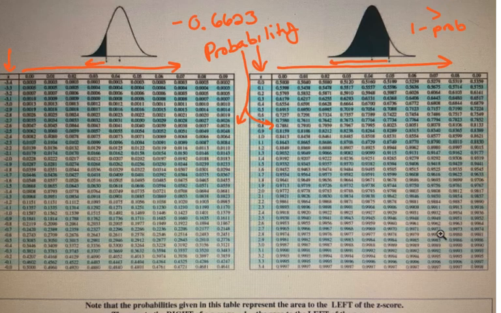So that's really important. But ours is less than, so we can just look at the score itself, negative 0.6623. You'll see over here that all my negatives are on the left half, and all my positive z-scores are on the right half.